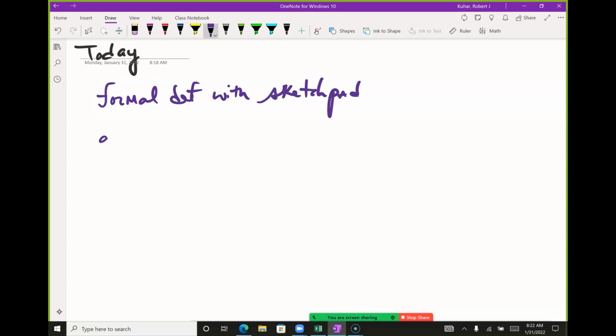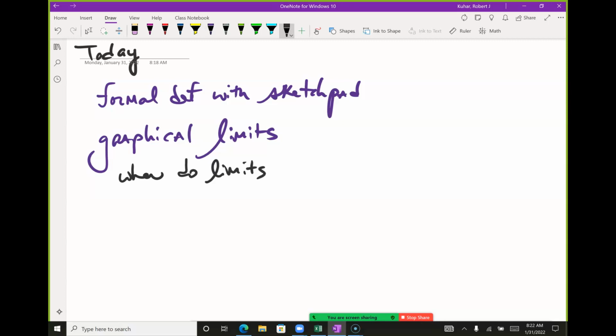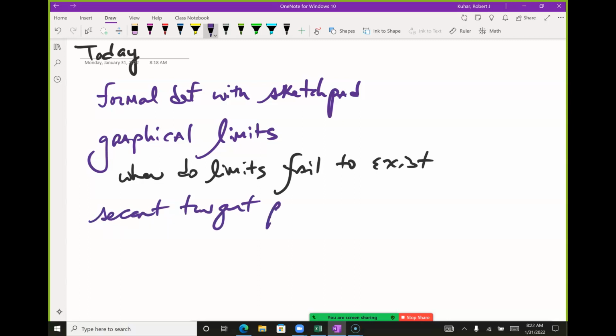We want to look at more graphical limits, but more important, when do limits fail to exist? And then we're going to do that secant tangent problem, which is 2.1.